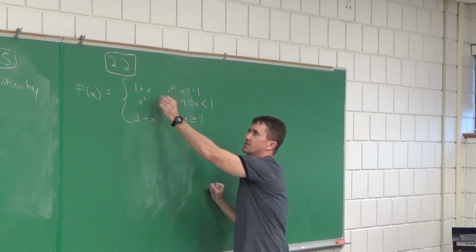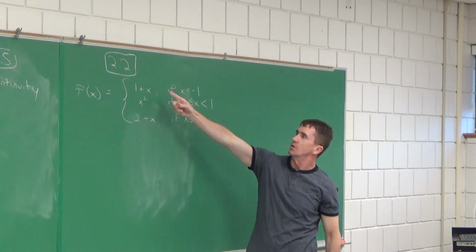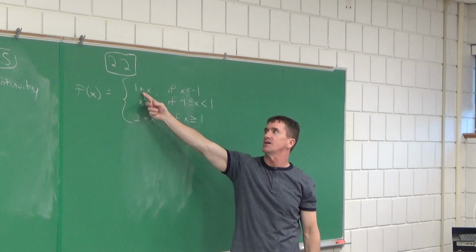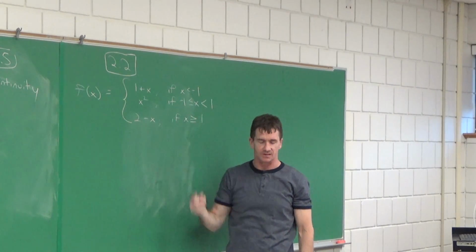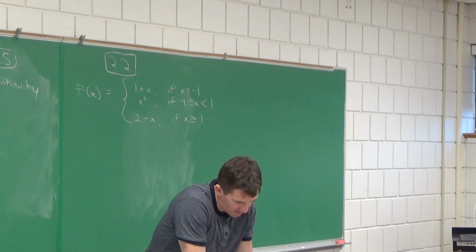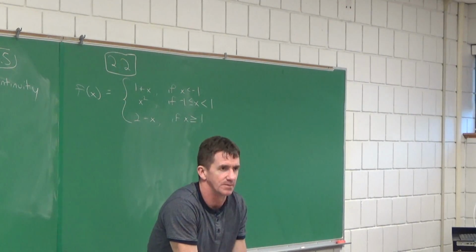Alright, if you want to put little commas here, you can. Little commas. So, this piecewise defined function, it's 1 plus x here, it's x squared here, it's 2 minus x here, and after all that writing, they go sketch the graph of the function, use it to determine the values of a for which the limit exists.